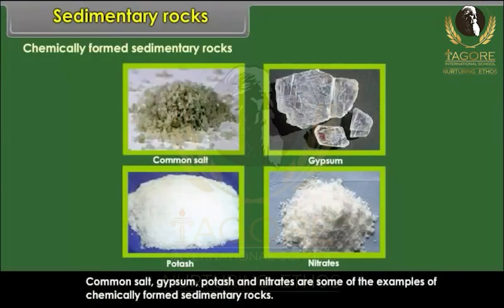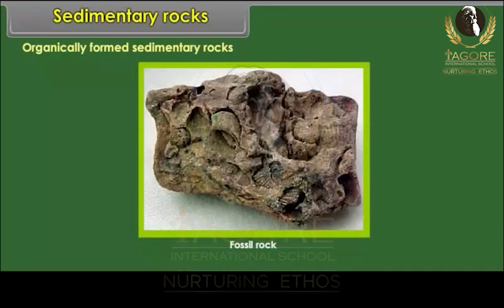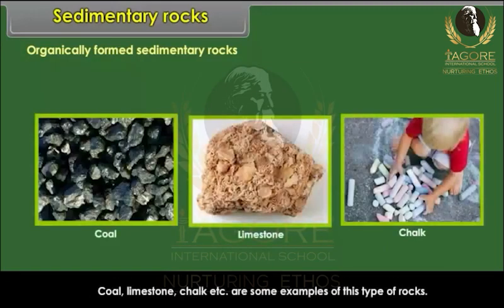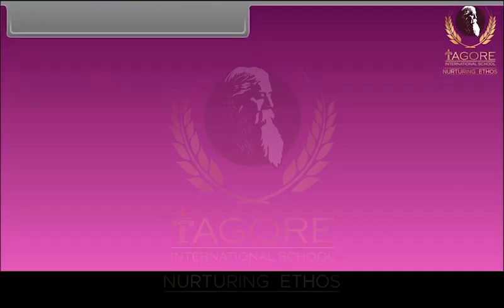Common salt, gypsum, and nitrates are some of the examples of chemically formed sedimentary rocks. Organically formed sedimentary rocks. These rocks are formed by the accumulation of the remnant part of organisms, plants and animals. Coal, limestone, chalk, etc. are some examples of this type of rocks.